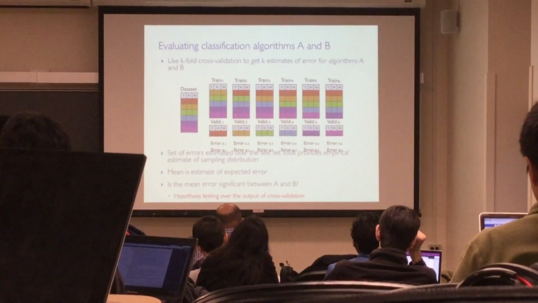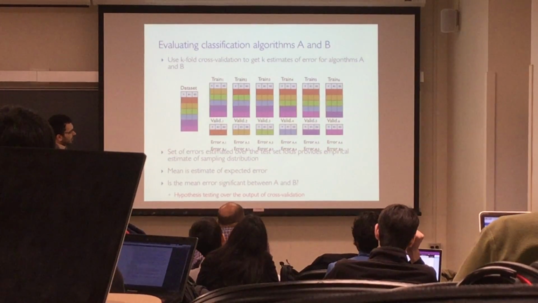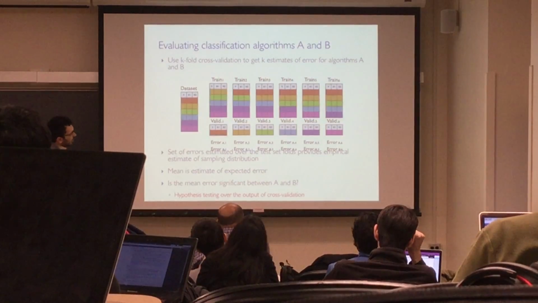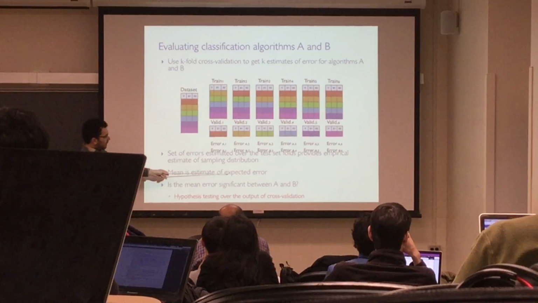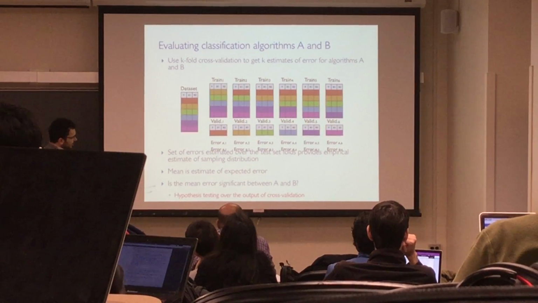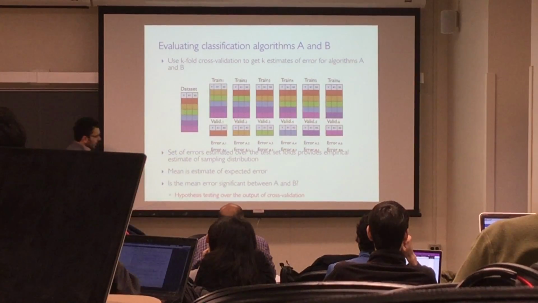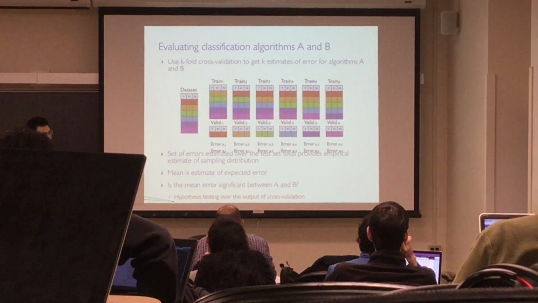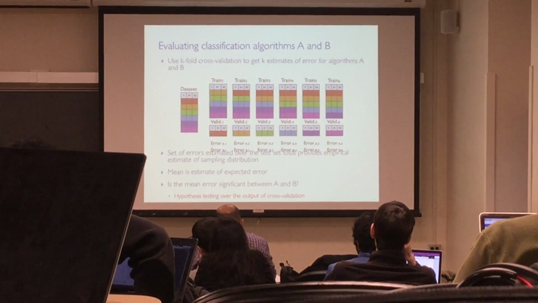These errors provide an estimate of the errors you have in the test. The mean estimates the expected error, and you should ask yourself: is the mean error significant between A and B? Then you have to use hypothesis testing, right, to test it. And we saw the paired test for that.